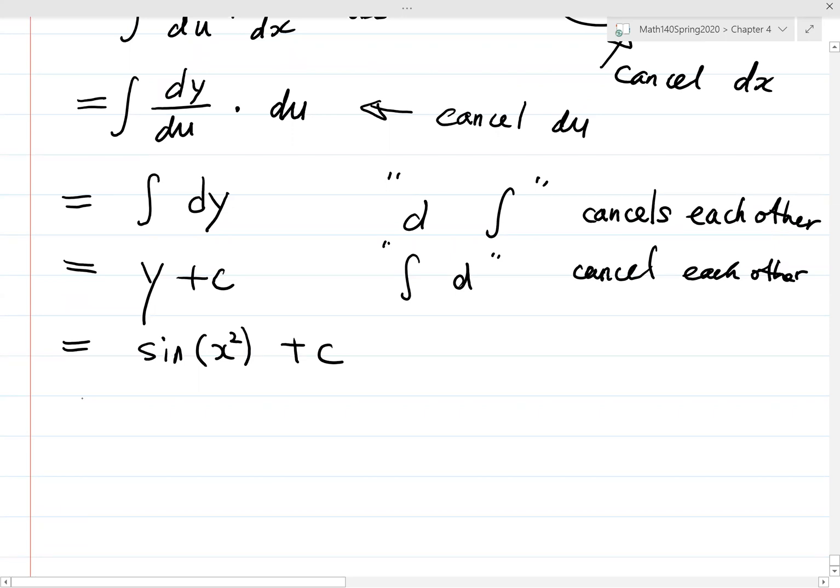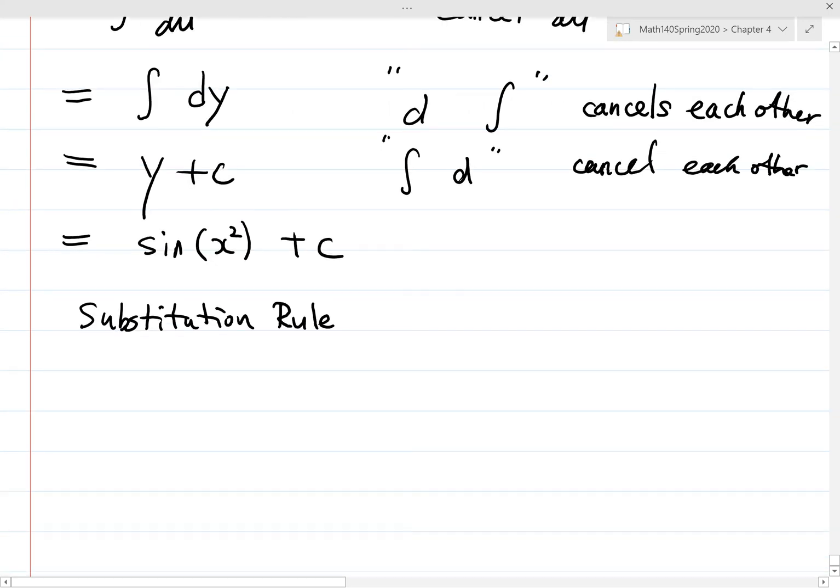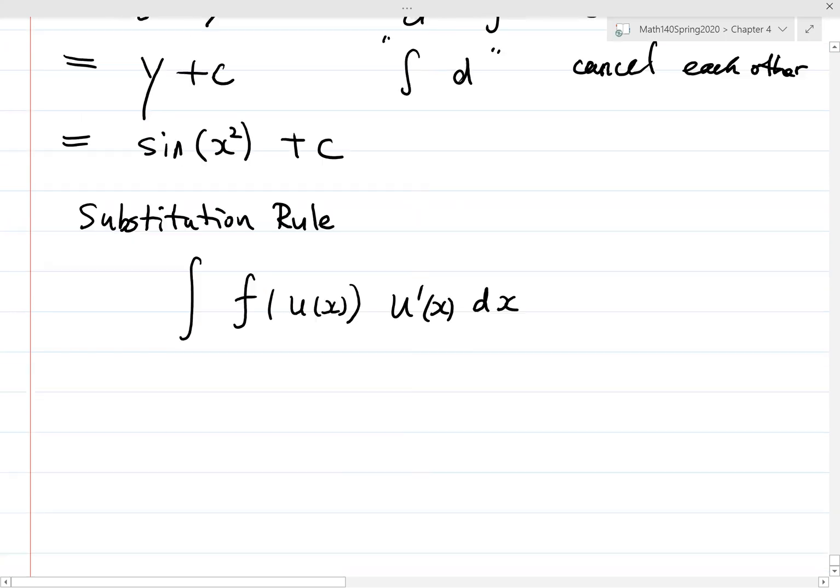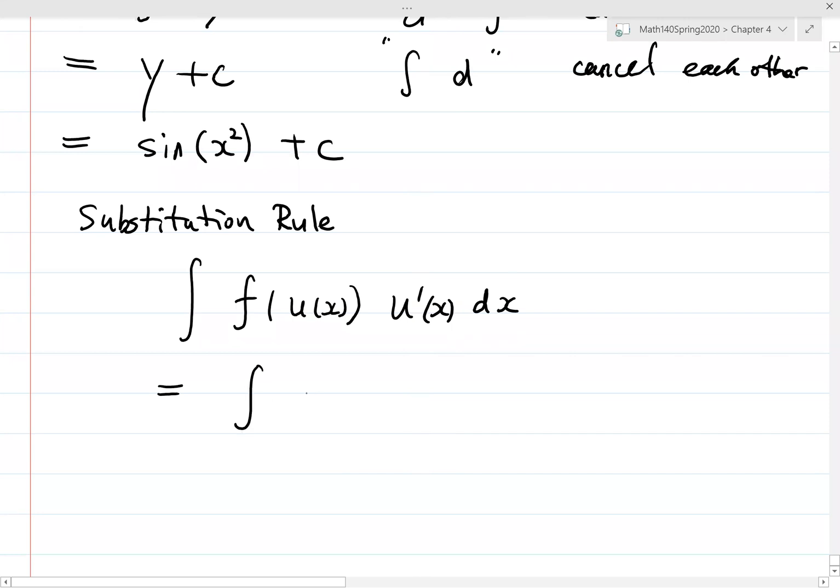Suppose we have a function f of u of x multiplied by u prime of x dx.